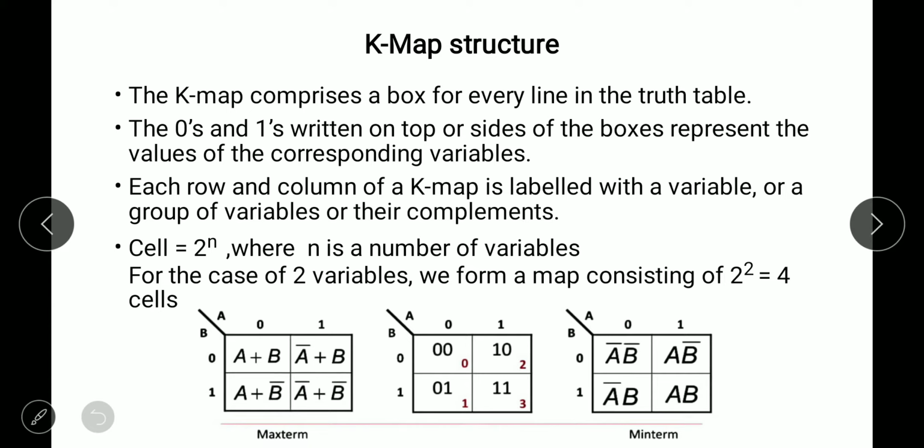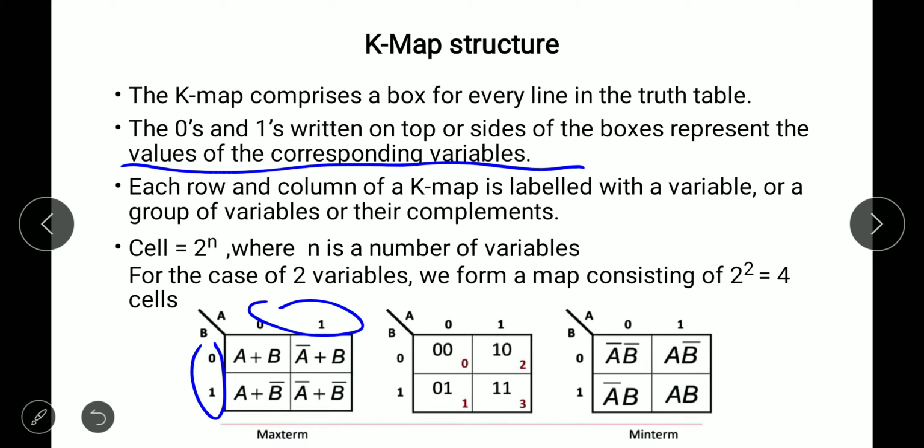K-map structure: a K-map comprises a box for every line in a truth table. The zeros and ones written on the top or sides of the boxes represent the values of the corresponding variables. Each row and column of the K-map is labeled with the variable or a group of variables and their complements.